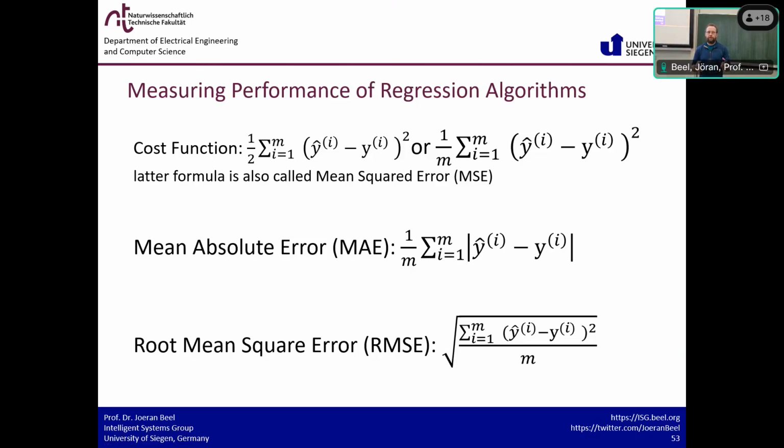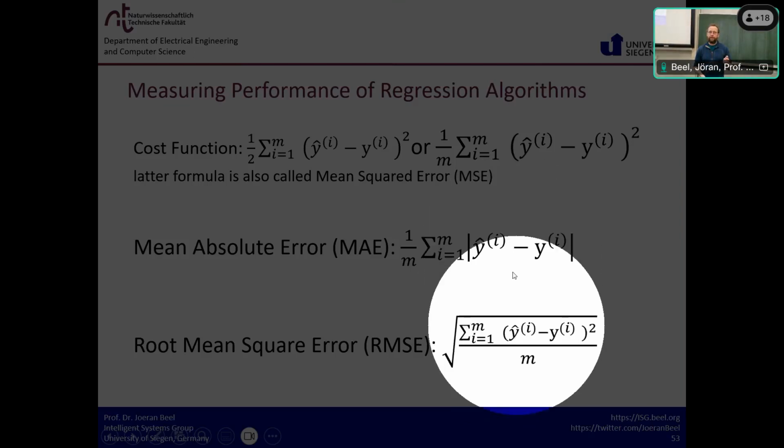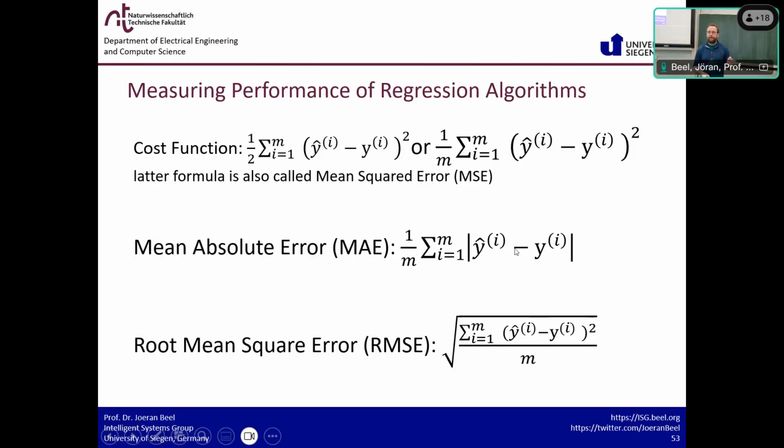So let's assume you have two instances, and in one scenario, you have for both instances an error of 2. Then you would get the same result here and here. But let's imagine another scenario where you have for one instance an error of 0, and for the other one an error of 4.